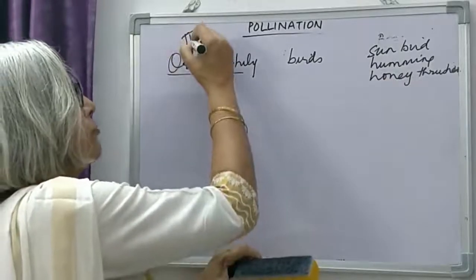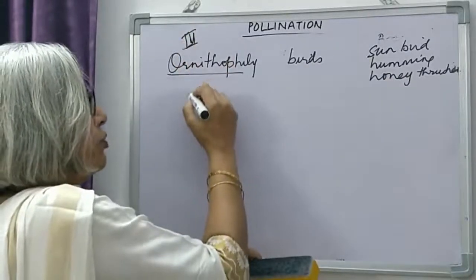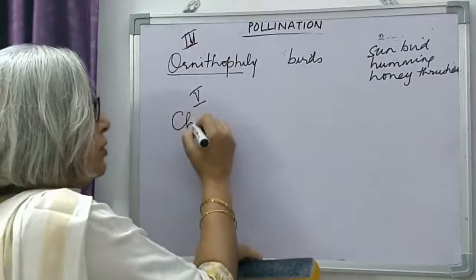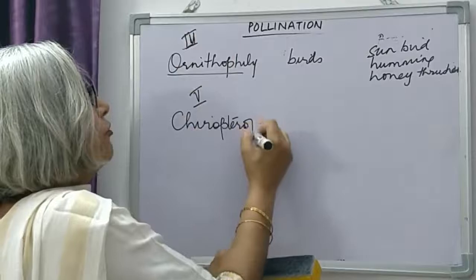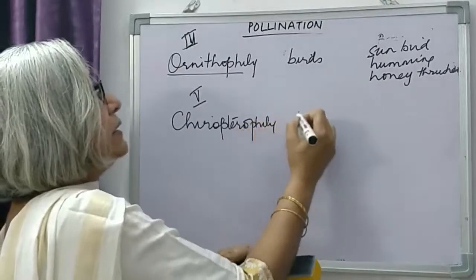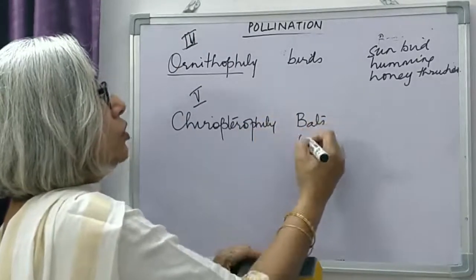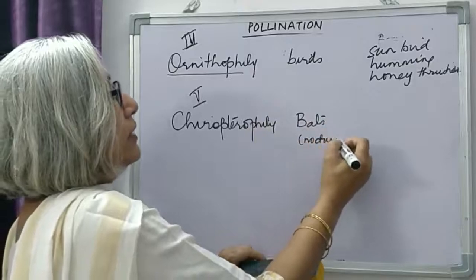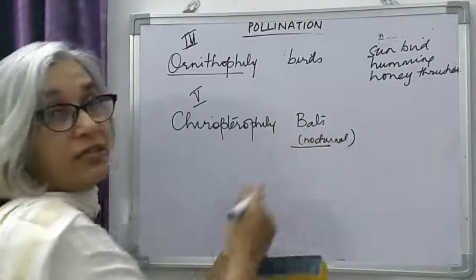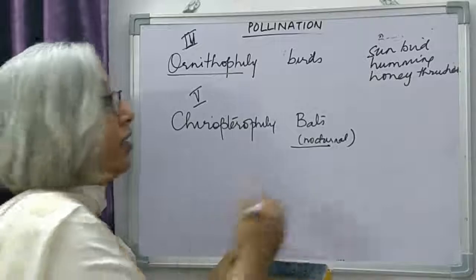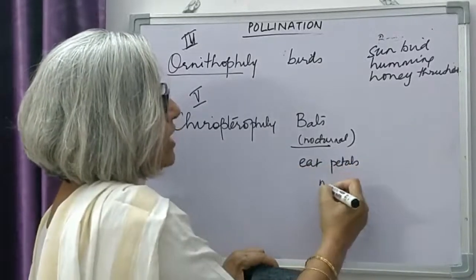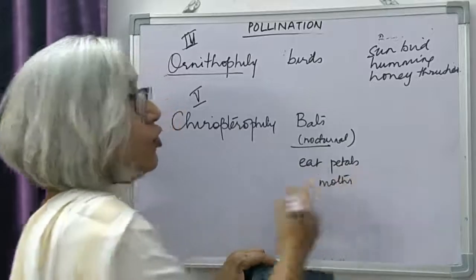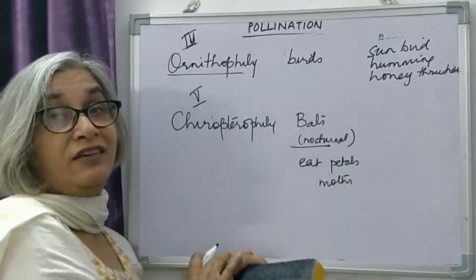Then this was the fourth kind. Now we come to the fifth kind of pollination, which is chiropterophily, brought about by bats. Now bats are also nocturnal. They visit flowers at night, either to eat the petals or to eat moths that are there on the flowers at night.